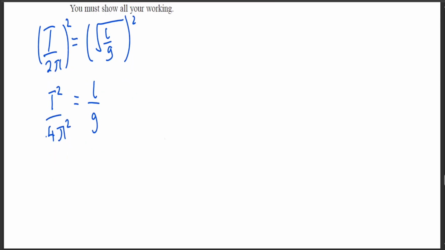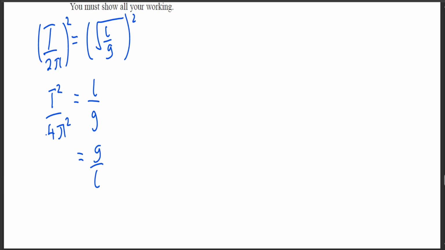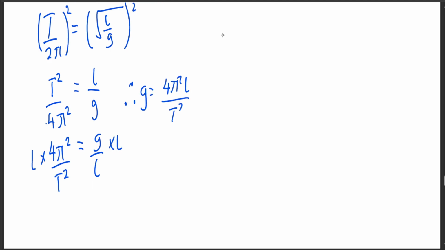We can write G over L so that G goes up. So 4 pi squared will go up and the T squared will also go down. So let's remove the L, and therefore G is going to be equal to 4 pi squared L over T squared. So that is the formula for G.